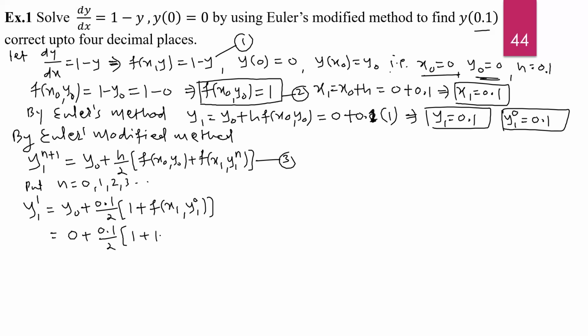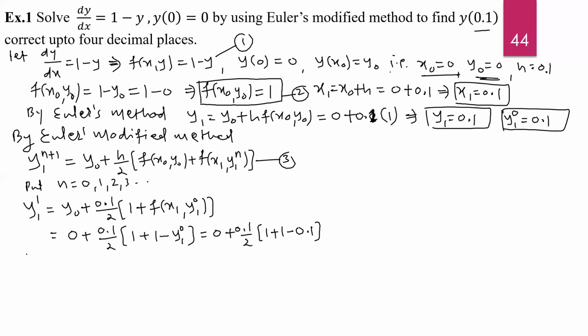It is 1 minus y. But what is the value of y here? Y suffix 1 raised to 0. Now substitute here: 0 plus 0.1 divided by 2 times 1 plus 1 minus the value of y1 raised to 0, which is 0.1.